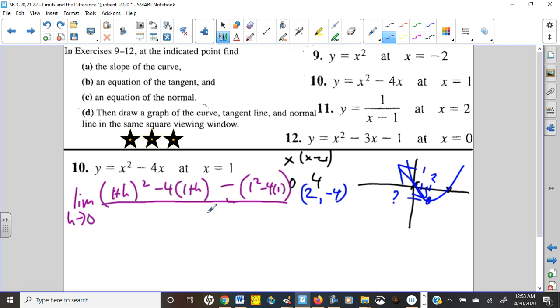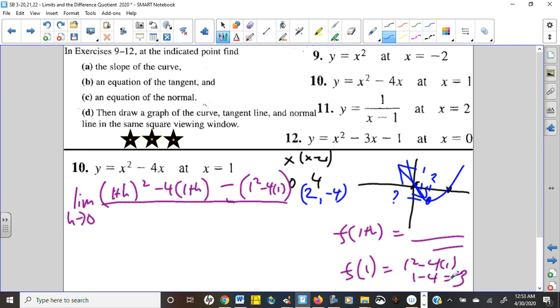So I kind of think it's neater if you label this stuff off to the side, like f of 1 plus h, and then I can just find it, and then I can plug it in, and then I can do f of 1, and I can find it, 1 squared minus 4 times 1, 1 minus 4 equals negative 3, and then I can plug it in.